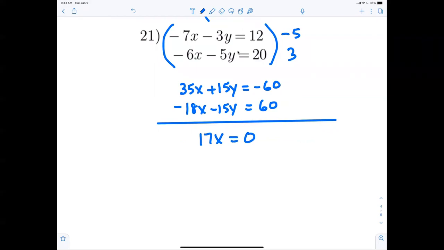So anybody else have a problem with x equals 0? Everybody good with x equals 0?